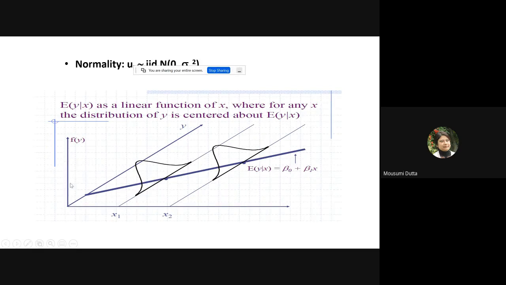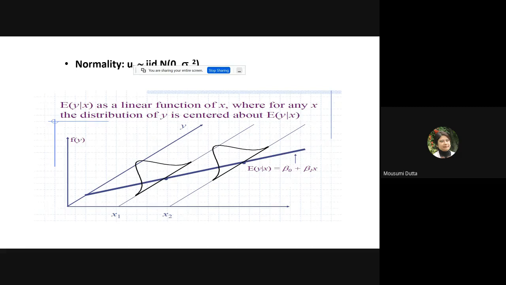As if the scatters are there around the line, the way the scatters are around the line is generating a normal curve.